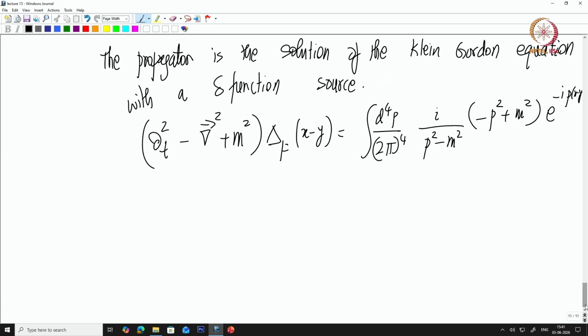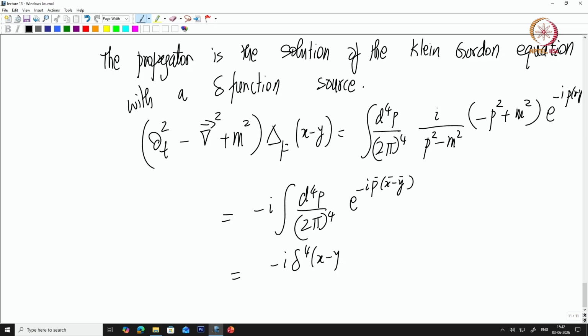So you see that the propagator is nothing but the inverse of the equation of motion. This is d⁴p/(2π)⁴ e^(−ip(x−y)), which is nothing but i δ⁴(x − y).